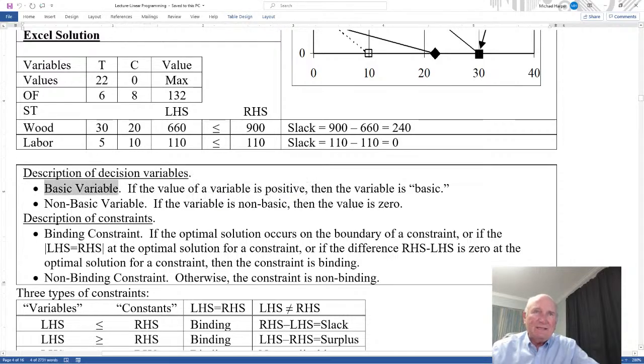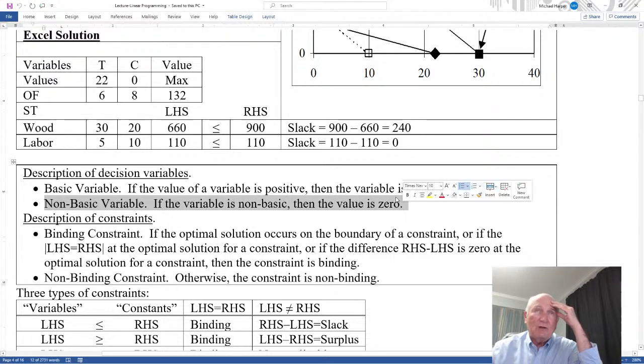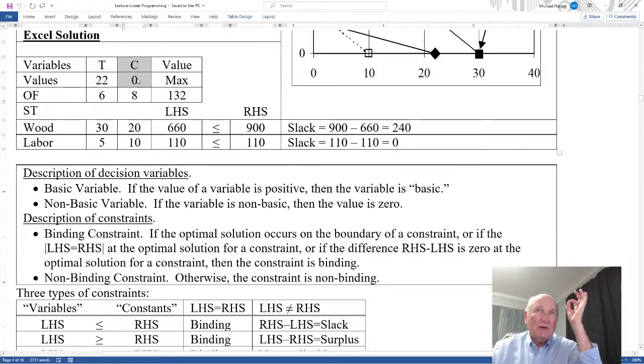Decision variables are called basic variables if the value of the variable is positive. For example, t is positive, so t is a basic variable, just a term. A non-basic variable has a value of 0. Well, c here is non-basic because it has a value of 0. So this is basic, this is non-basic. That's just terminology, it's all it is.